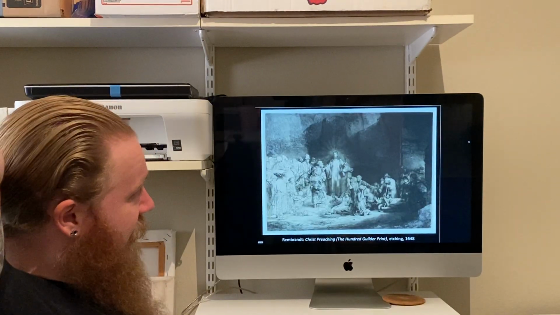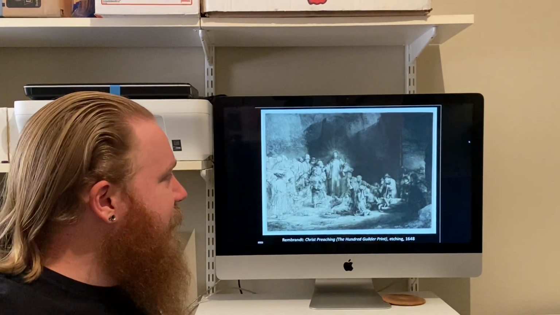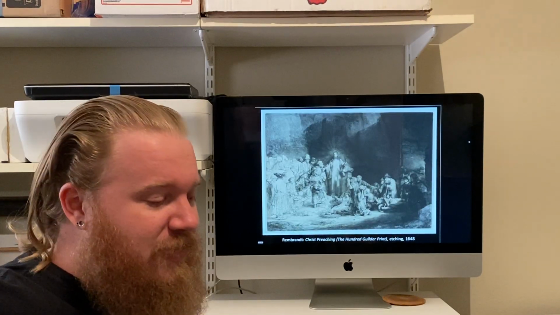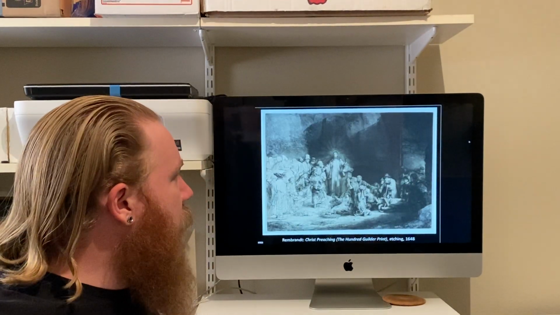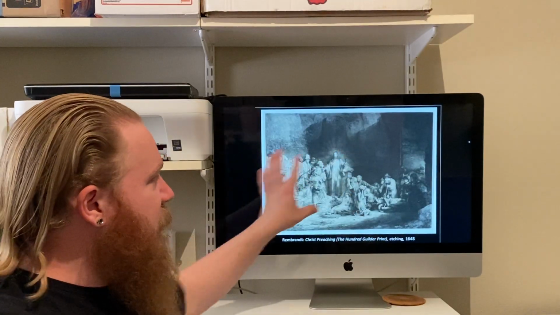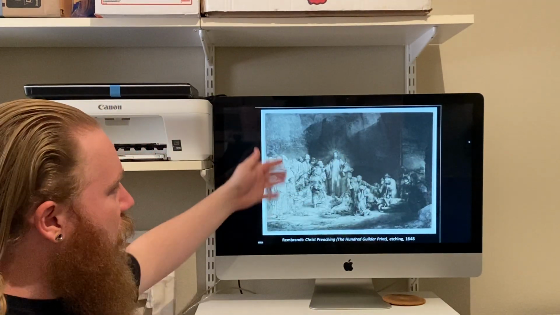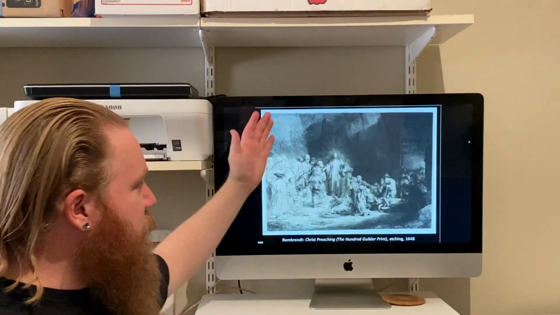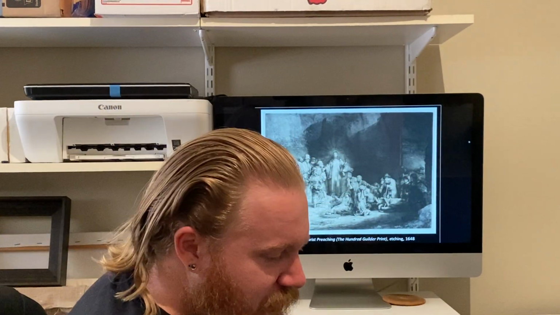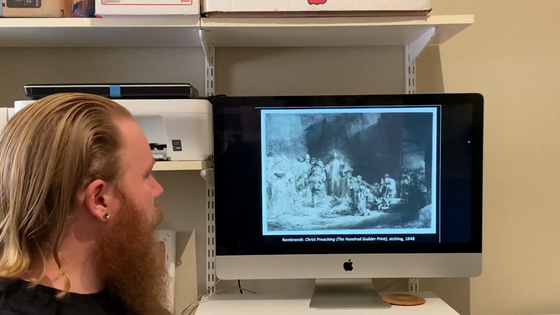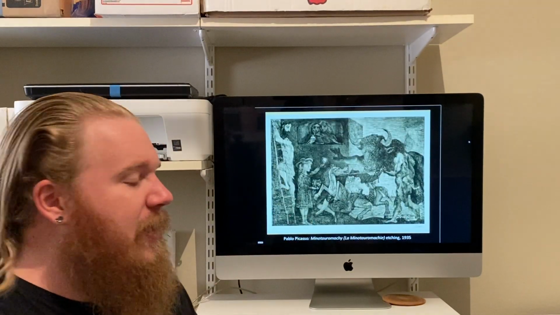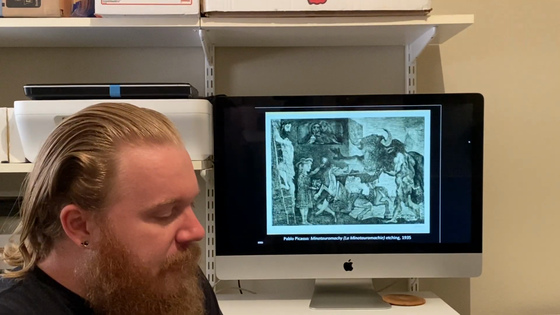But we can see some of how etching is done, and the quality that we can achieve in it, the differences in contrast that we can get. So we have much more heavily shadowed versus much lighter passages. But this is something that's not exactly abandoned.